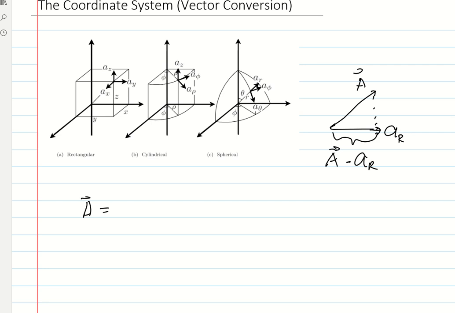first we define the basic component form of the vectors in the rectangular coordinate system. This is how we write our vector: ax, ay, plus the z component. In the cylindrical coordinate system, instead of ax, ay, az, this will change because the coordinates will be different, so the unit vectors are also different.